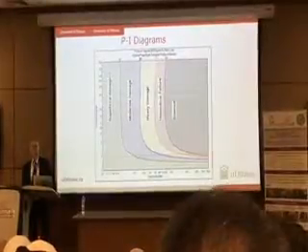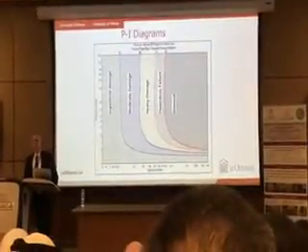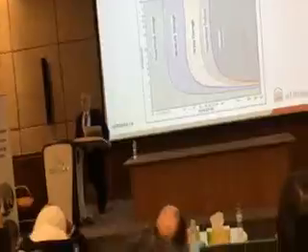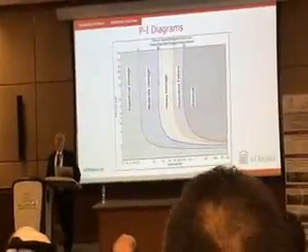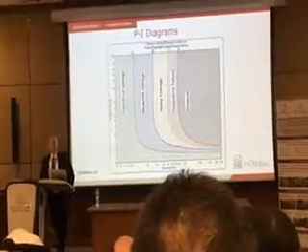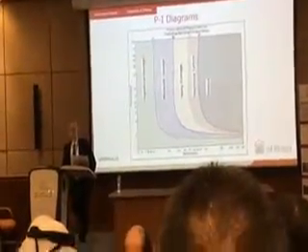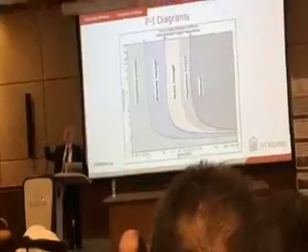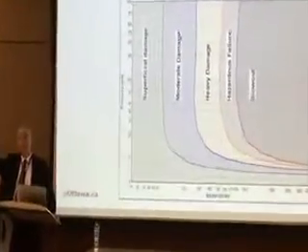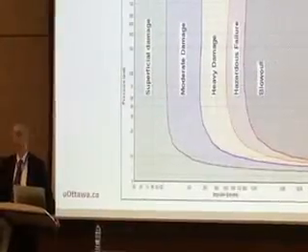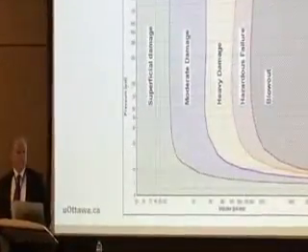Now, one other very important design concept and design tool is PI diagrams. When we design reinforced concrete columns, we have column interaction charts, right? PM, so with a design moment and design axial load, we make sure that it's inside the curve that indicates it's safe.